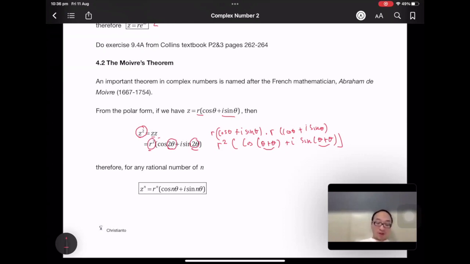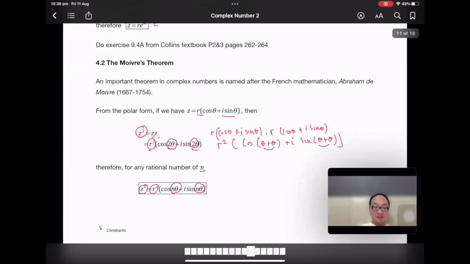Therefore, for any rational number n, z to the power of n will be r to the power of n (cos n theta plus i sin n theta). So this is the De Moivre theorem.